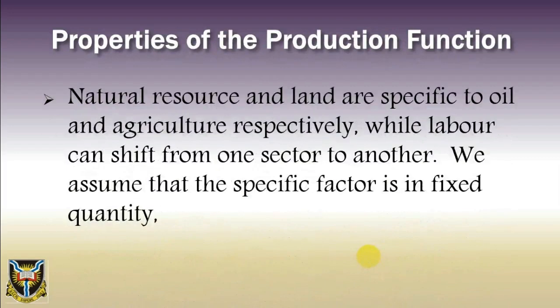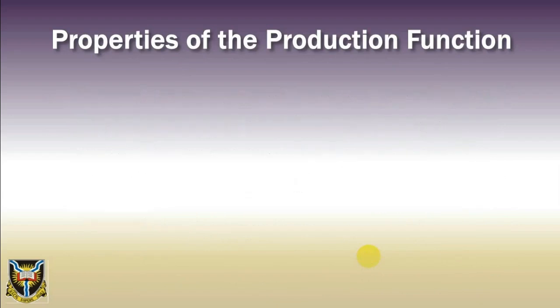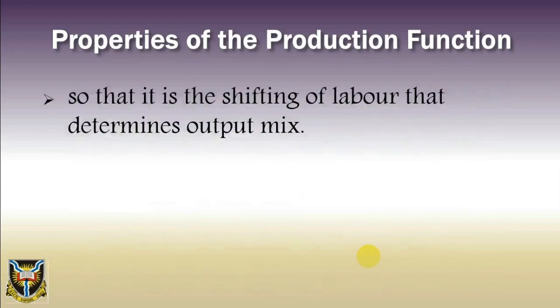Properties of the production function. Natural resources and land are specific to oil and agriculture respectively, while labor can shift from one sector to another. We assume that the specific factor is in fixed quantity, so that it is the shifting of labor that determines the output mix.